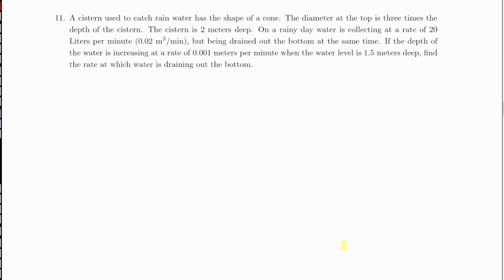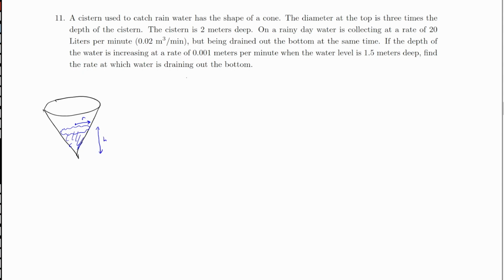Problem 11. A cistern is used to catch rainwater and has the shape of a cone. So here's my cone-shaped cistern. It's collecting rainwater. Remember, I want to model the water inside. So the water inside is going to have a radius r and a height h.